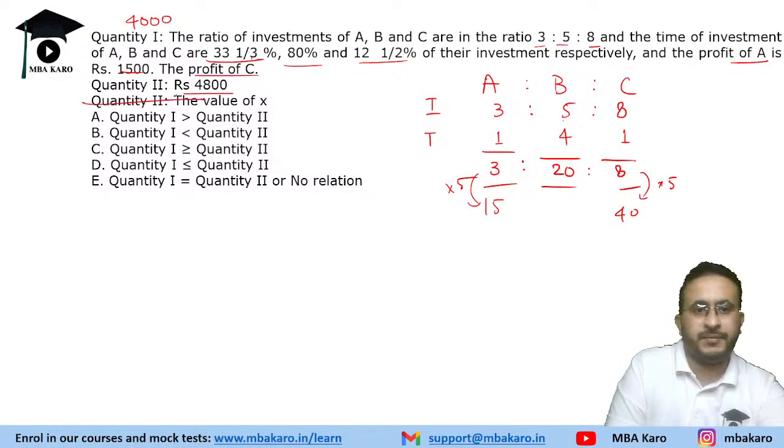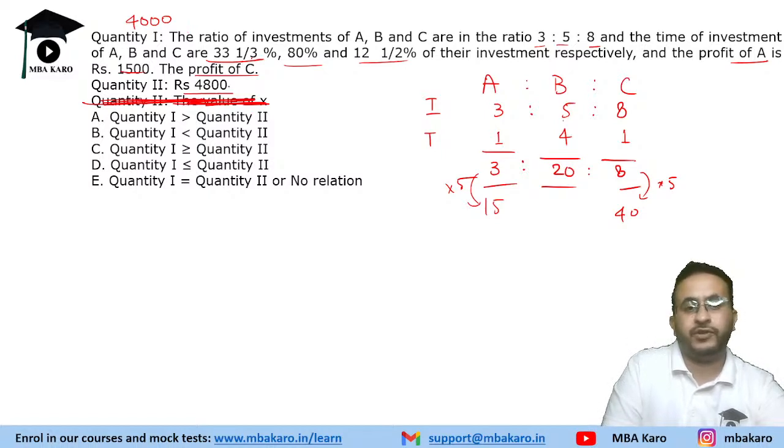Sorry, this is some typo over here. Okay, so quantity 1 is 4000, quantity 2 is 4800. Okay, so the answer is quantity 1 is less than quantity 2.